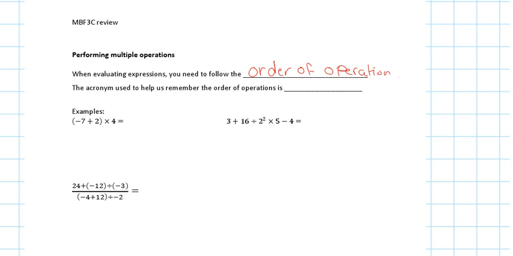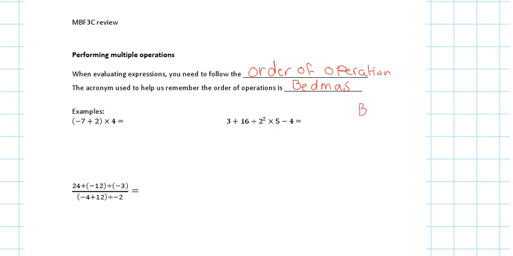We use the acronym BEDMAS. You've heard of BEDMAS before? What does BEDMAS stand for? Brackets, exponent, division, multiplication, adding, subtraction. Good. So that's the order that you're going to follow. B stands for brackets.